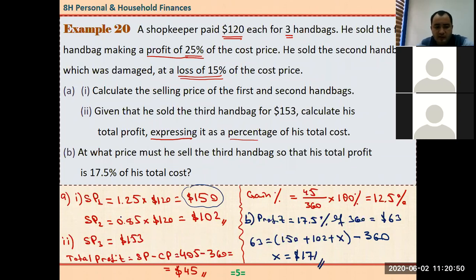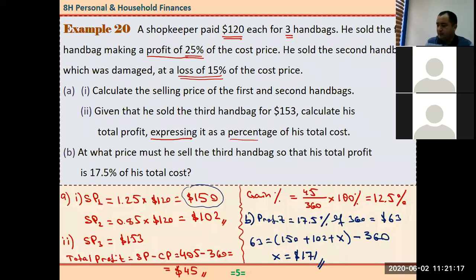So if the seller wants to make 17.5% profit on selling these three handbags, having already sold the first bag and the second bag at these prices, he must sell the third bag at $171 in order to make 17.5% profit on the cost.